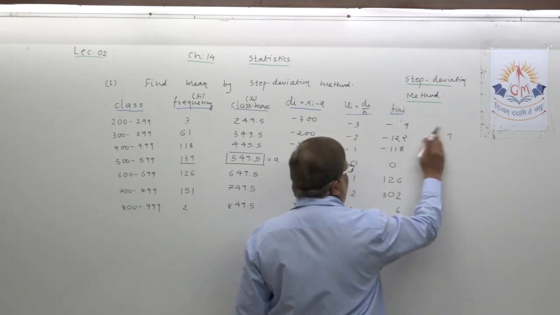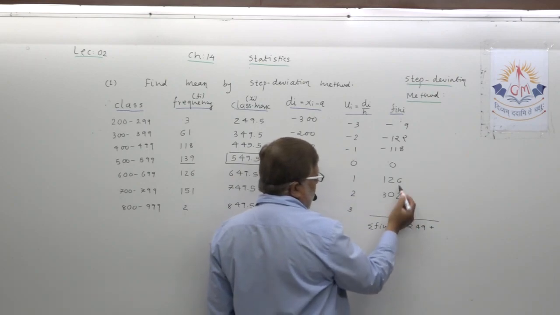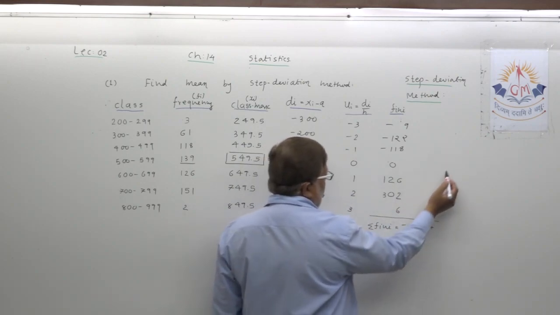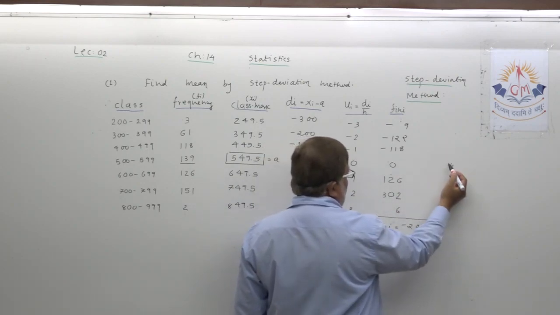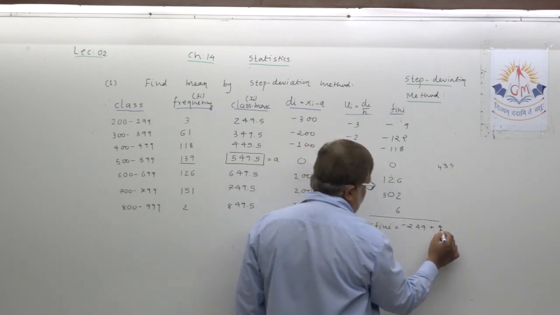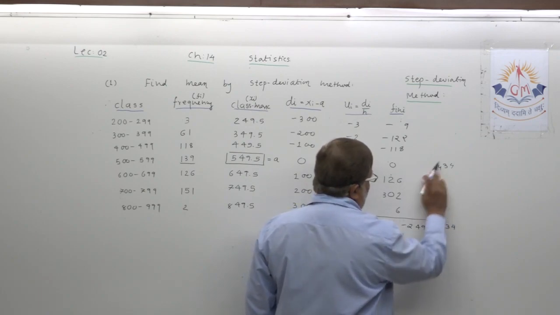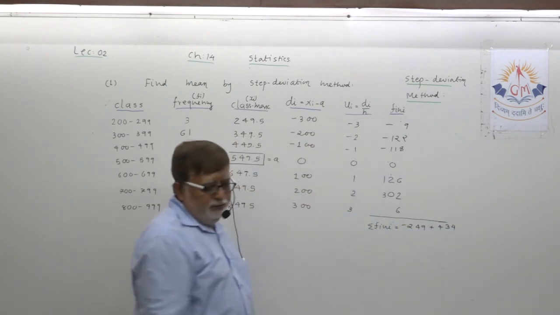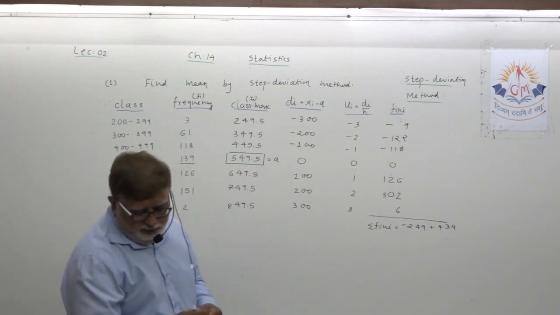Then add all the positive numbers: 6 plus 126 plus 302, that is 434. You understood this? Minus 249 plus 434.